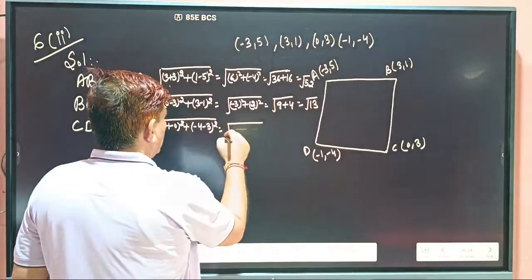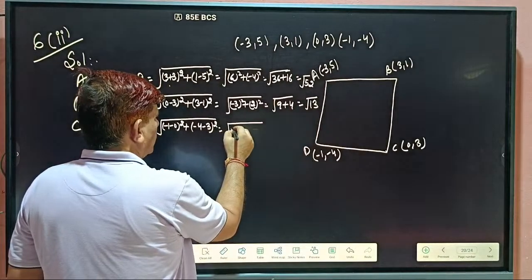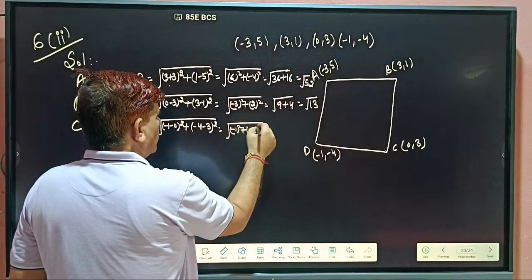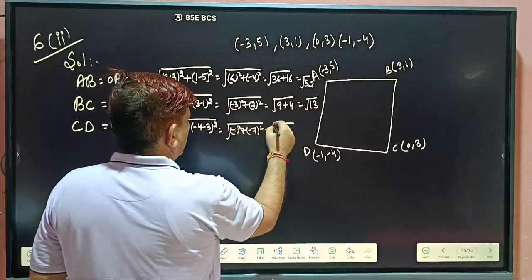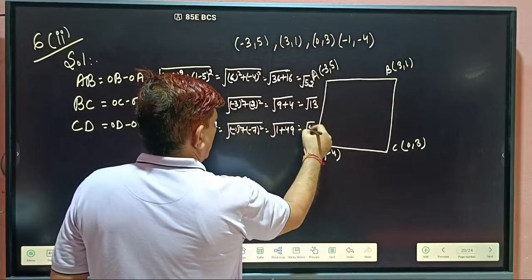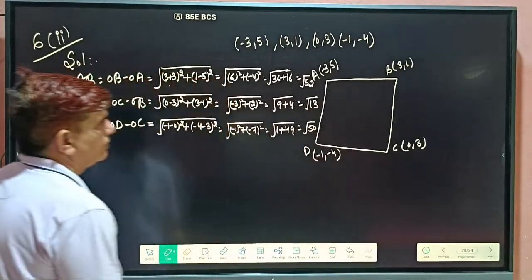So this is (-1) whole square plus (-7) whole square, equal to 1 plus 49. How much? Root 50.